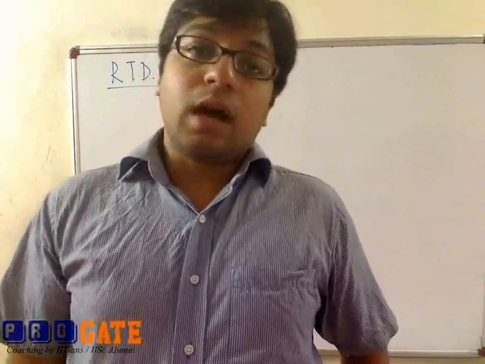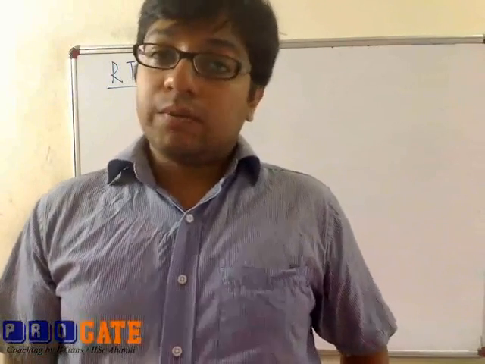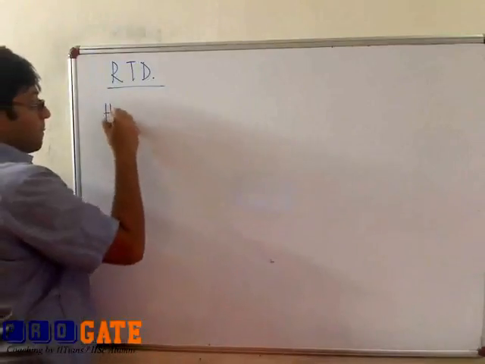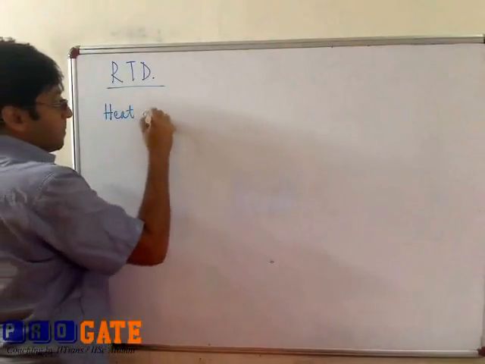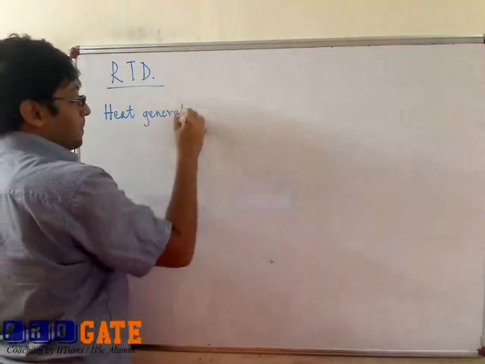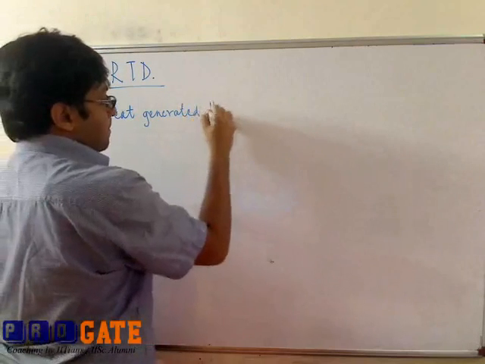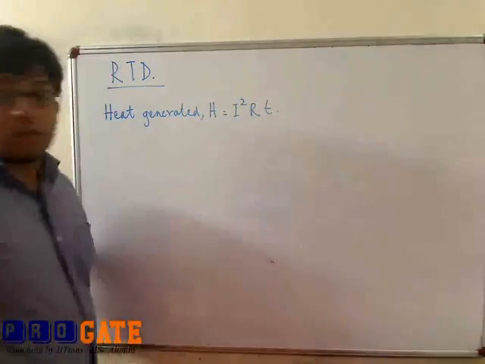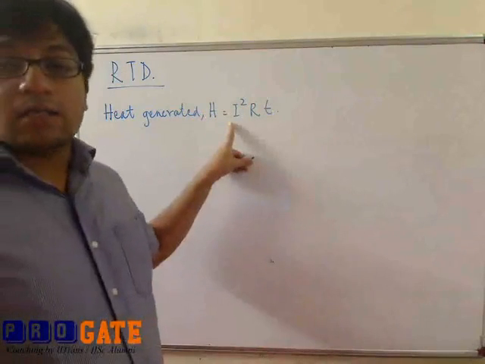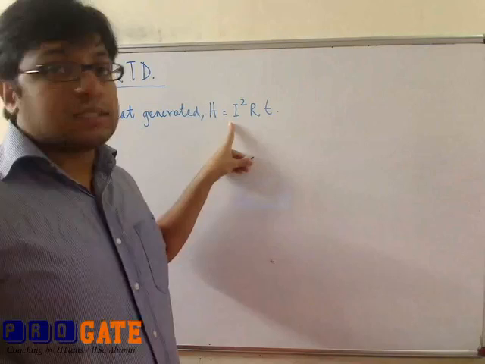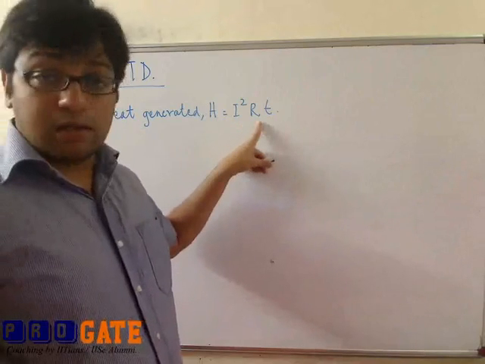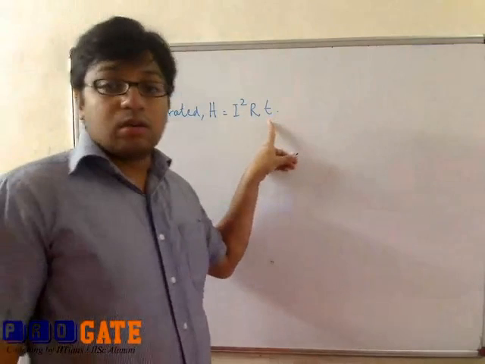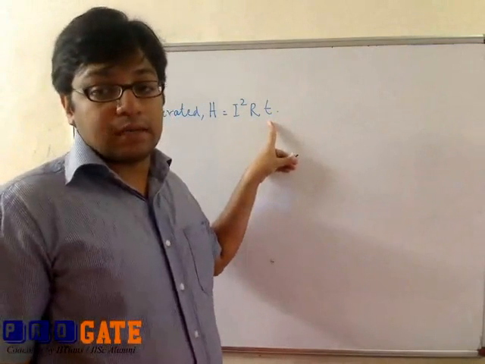This heat is given by I squared R T, where I is the current flowing through the resistance temperature detector, R is the resistance of the detector, and T is the time for which the current is allowed to flow through the detector.